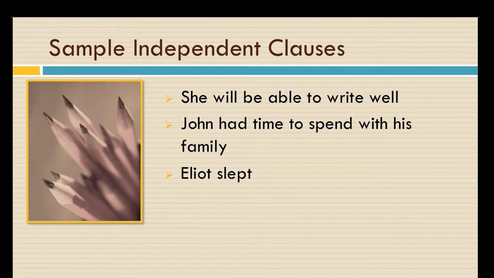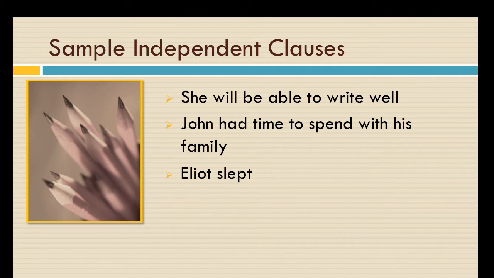Granted, we don't know whom the pronoun she refers to, but if this word group were in a paragraph, as it would be when we were writing, and that paragraph had been talking about a woman named Kate, we would know. Therefore, the word group itself expresses a complete thought.